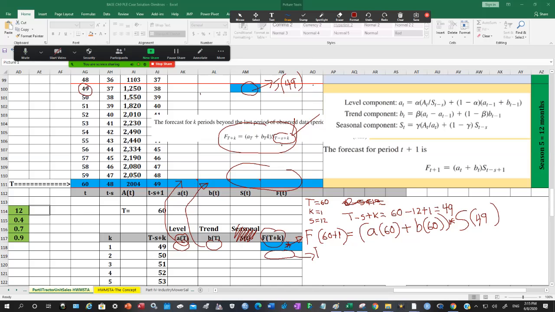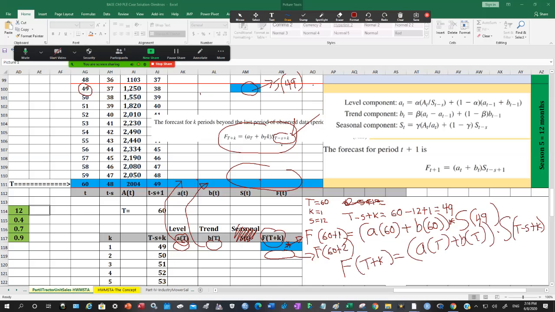This would be F of 60 plus 2. Remember, this is the formula that I'm using. So the formula is uppercase F of uppercase T plus lowercase k equals A of uppercase T plus B of uppercase T times S of uppercase T minus lowercase s plus lowercase k. This T, you can hard code 60, all right?